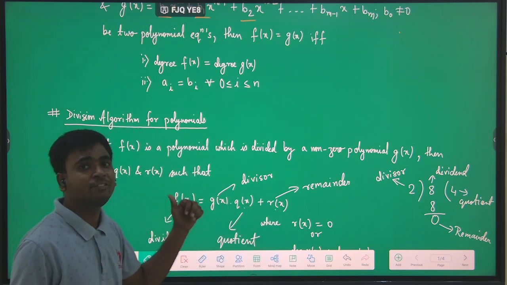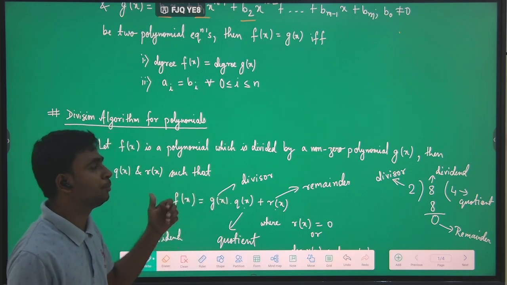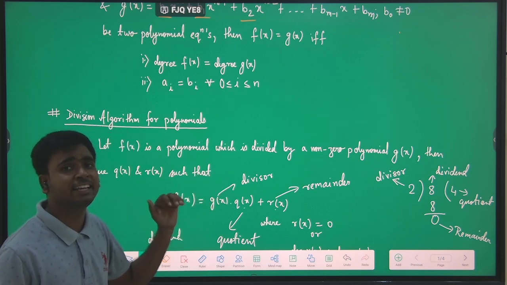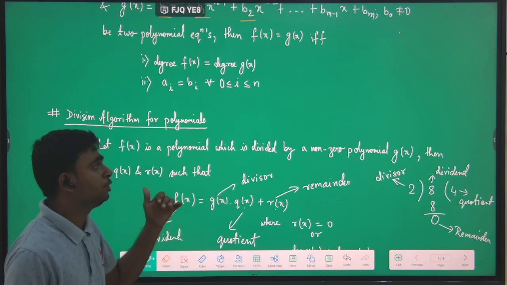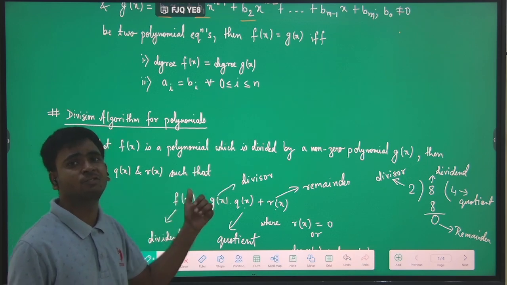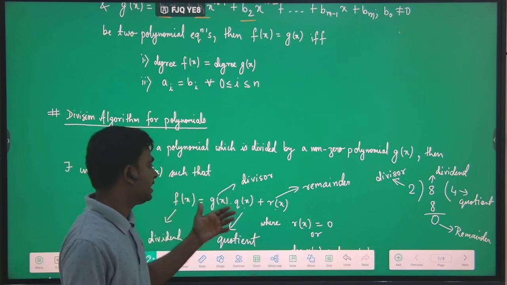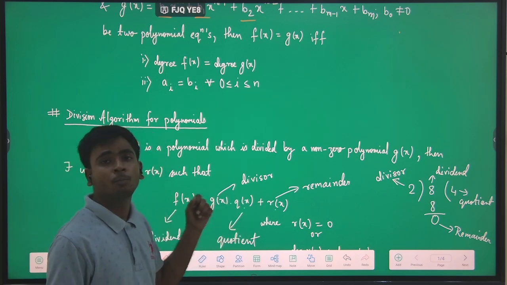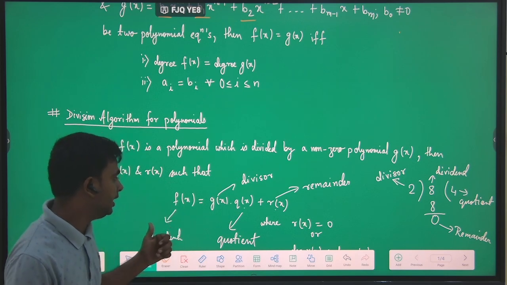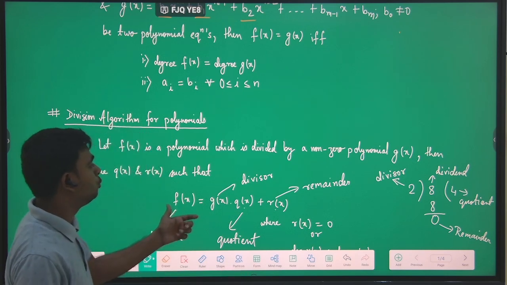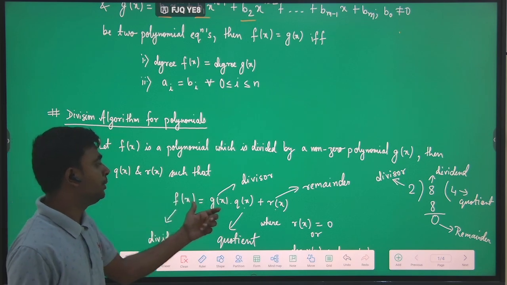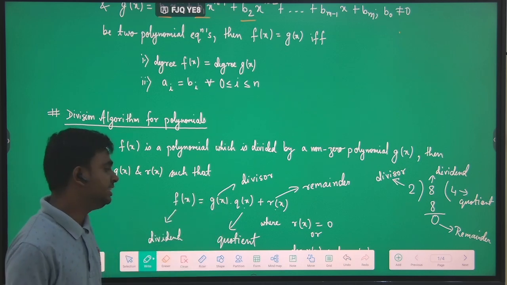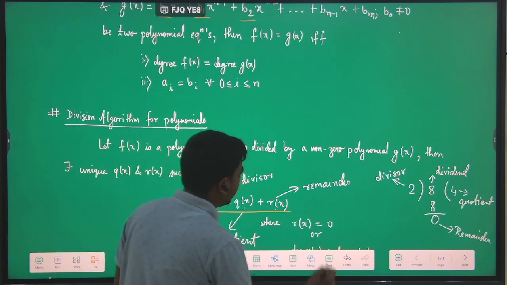They may be multiples of x, that is x to the power 0, 1, 2, 3, so they can be quadratic, cubic, or biquadratic form. We use x for reference, to show that all these are polynomials, not numbers. So we have to note that f(x) will be equal to g(x) into q(x) plus r(x).